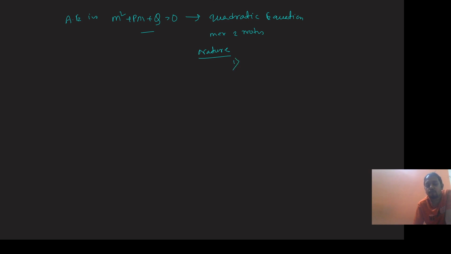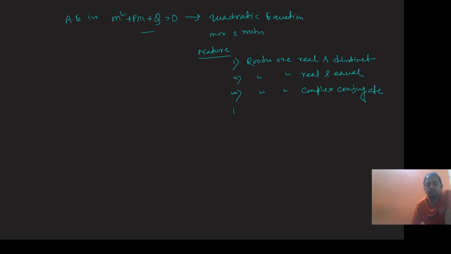The nature of the roots of this equation has four types. Number one, roots are real and distinct. Number two, roots are real and equal. Number three, roots are complex conjugate.